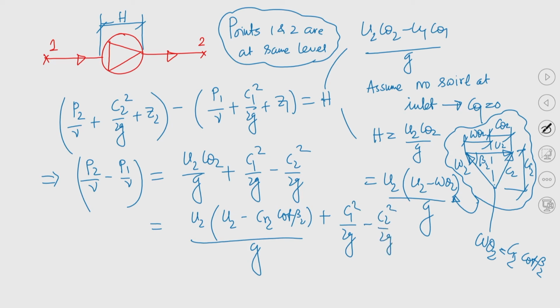Okay. So, if we go one step further, we can write that this P2 minus P1 by gamma, this quantity is nothing but U2 into U2 minus CR2 cot beta 2 divided by g plus.